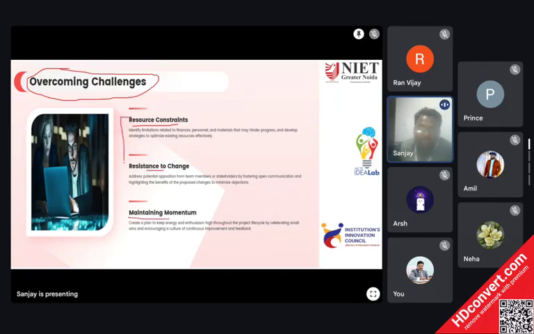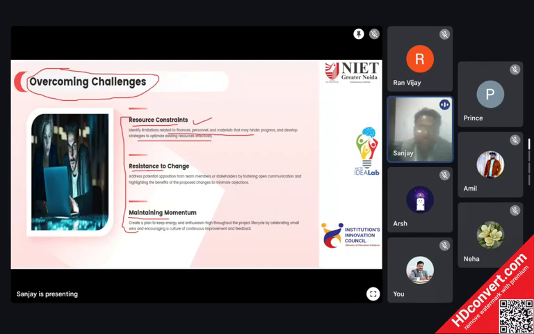These three are very critical for any organization or any new or ongoing startup. The resource constraint is related to finance, personnel, or material, which may hinder the process. So develop a strategy to optimize the resources effectively.